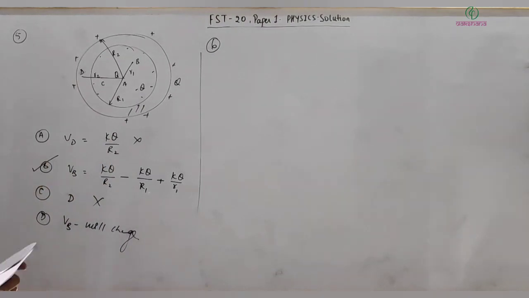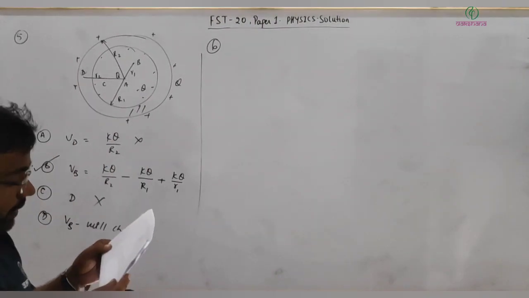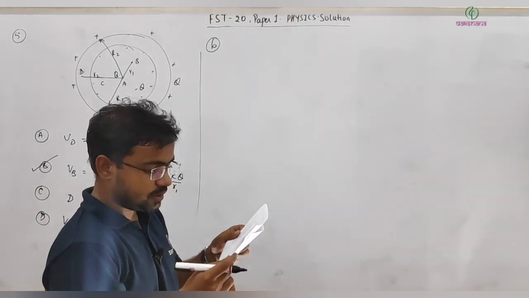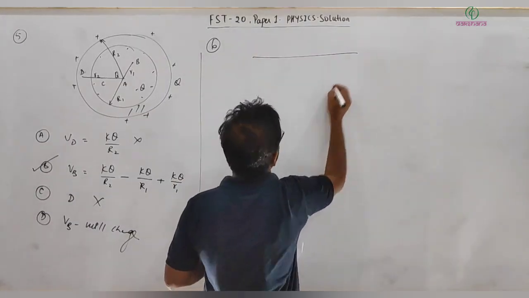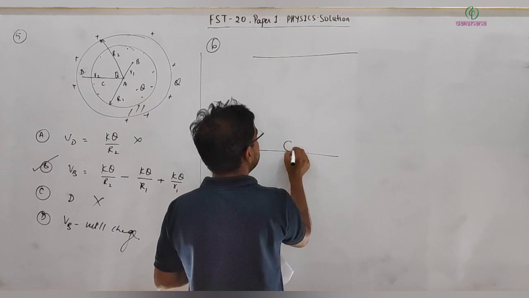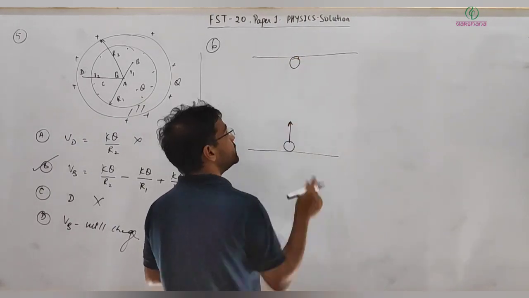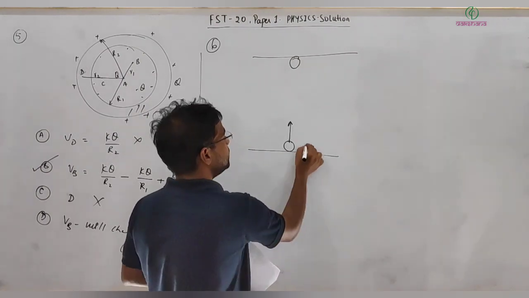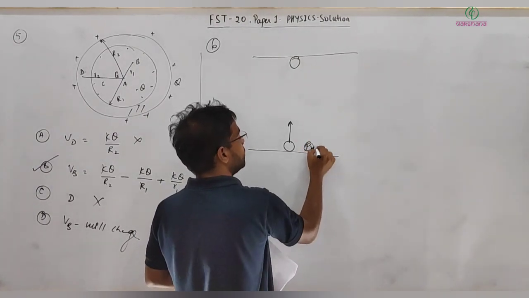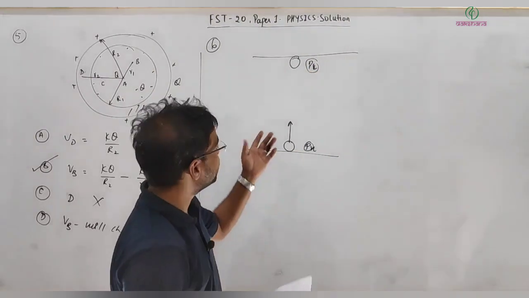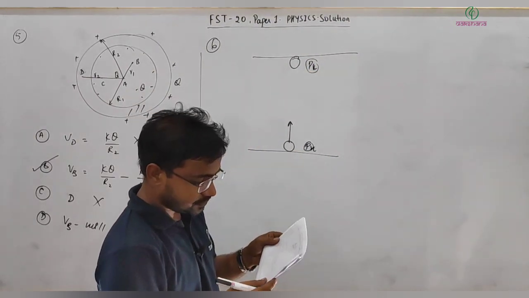Next question number 6. An air bubble rises from the bottom of a deep lake to a point just below the surface. It's moving in this way. Definitely the pressure outside is high at the bottom and lower near the top, so the bubble will expand.